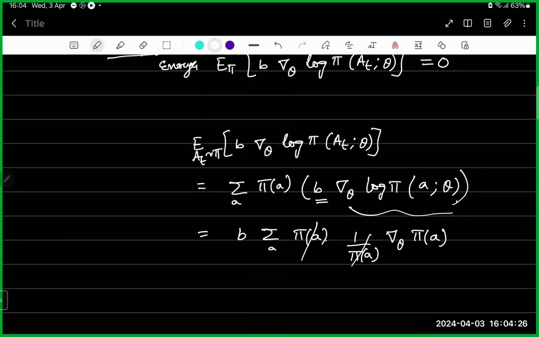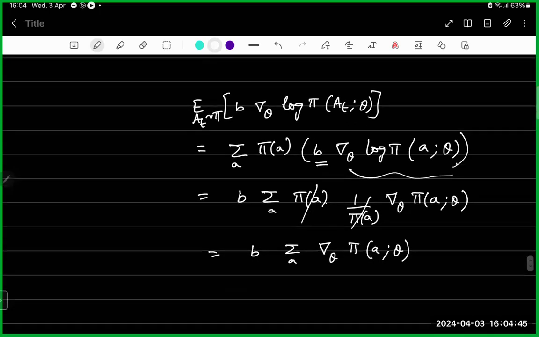So these two will get cancelled. So what will be left out? Here, a means a theta, right? So what I'm left with is this, right? So is this term zero?